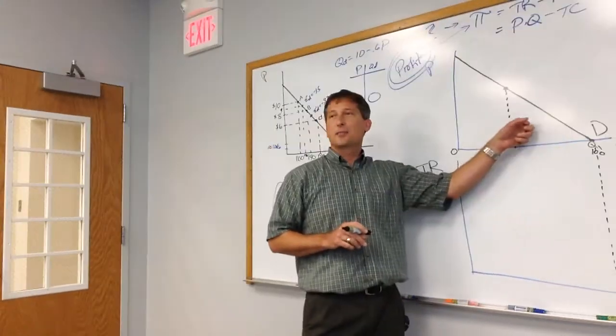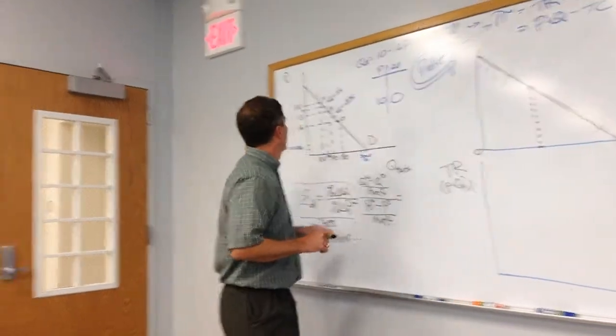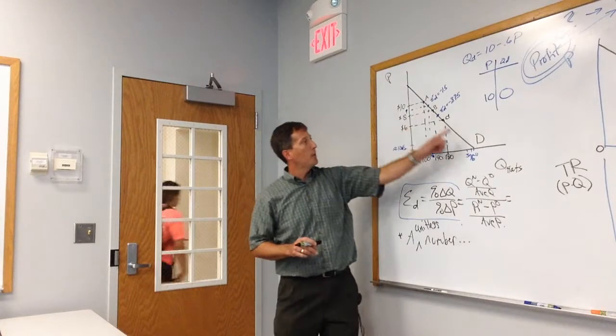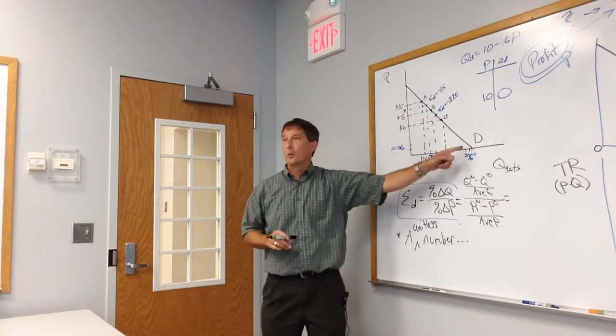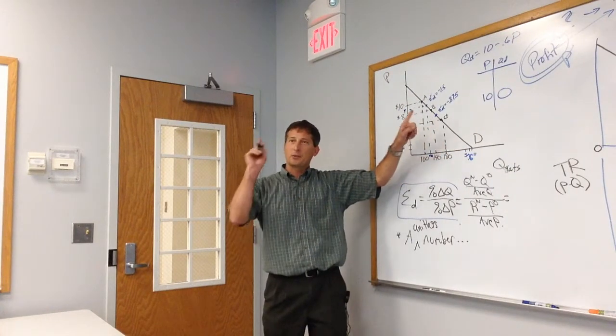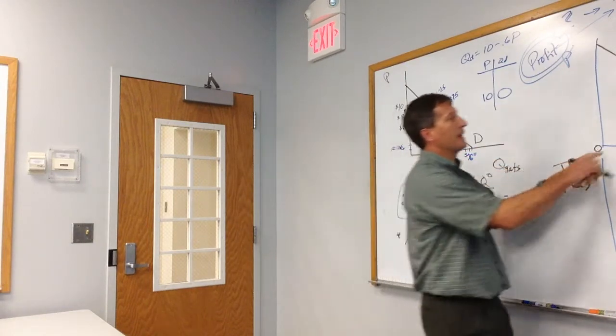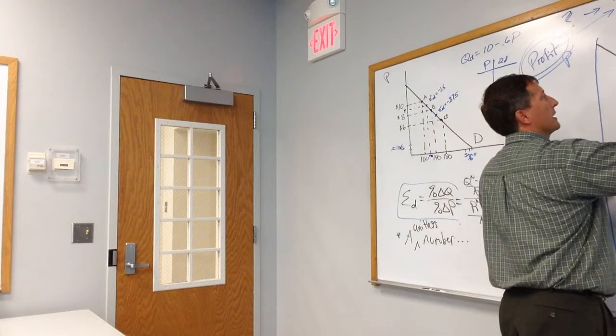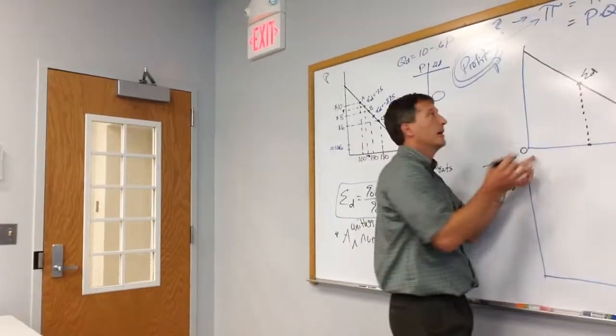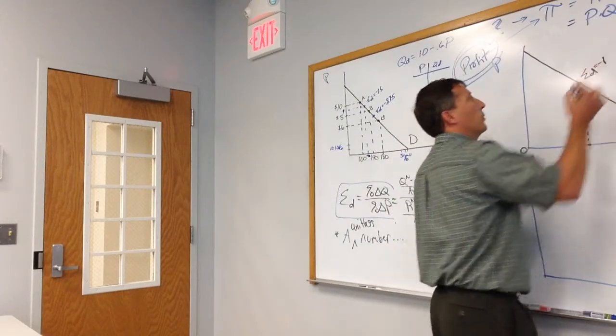That represents a special point. There's one point along here where the elasticity of demand is equal to 1, and that ends up being the spot where that happens. So the elasticity of demand is equal to -1.